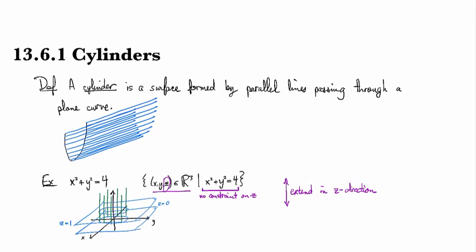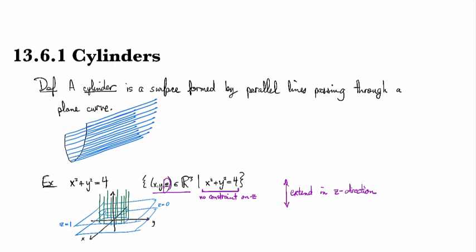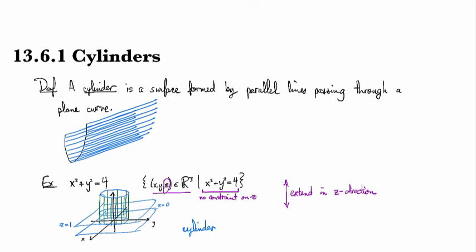We have a circular cylinder extending upward and downward forever. Okay, so that's probably good enough to visualize what's going on with this surface right here. So this is a cylinder, and it is a circular cylinder.